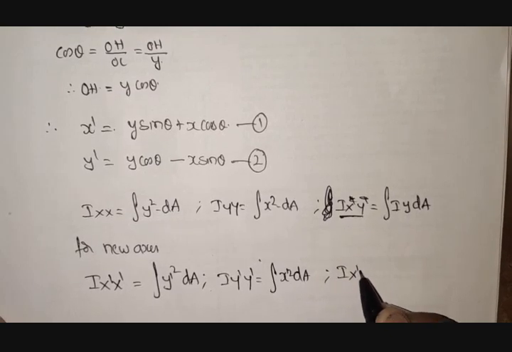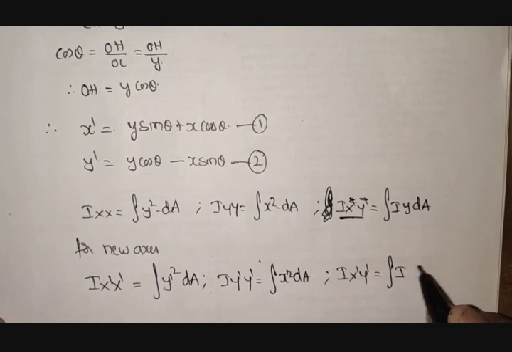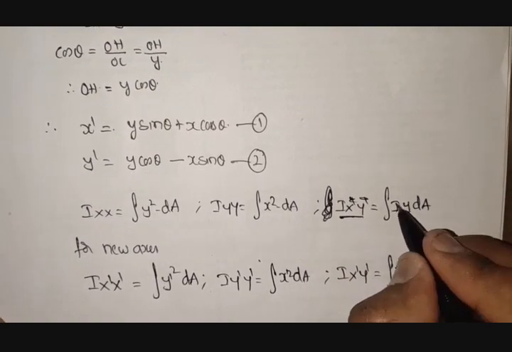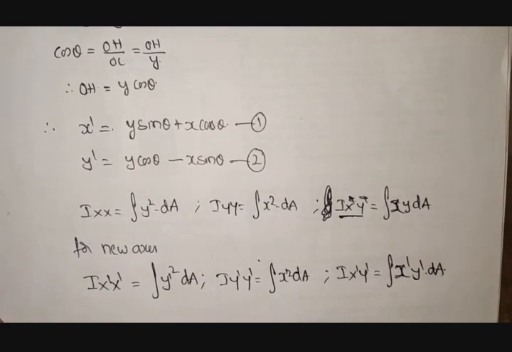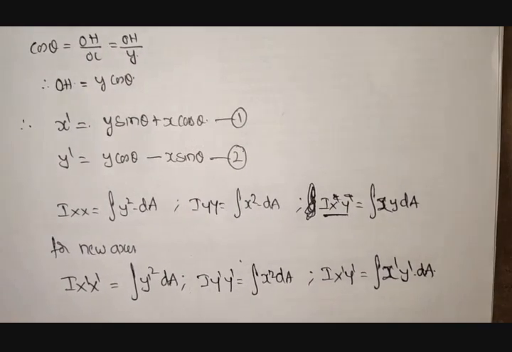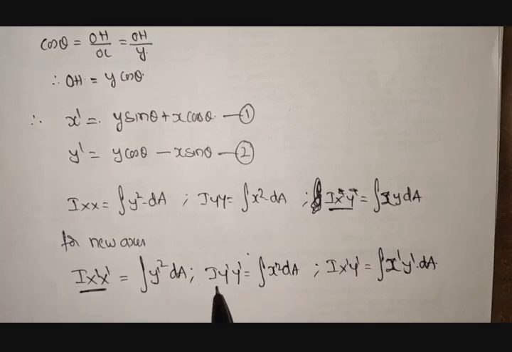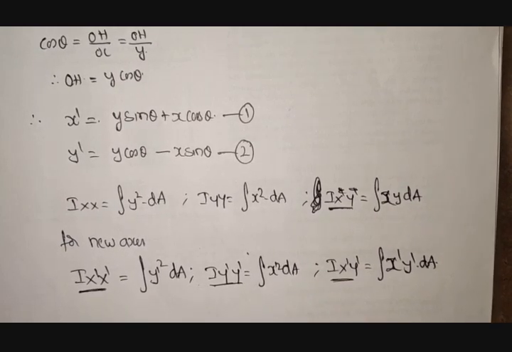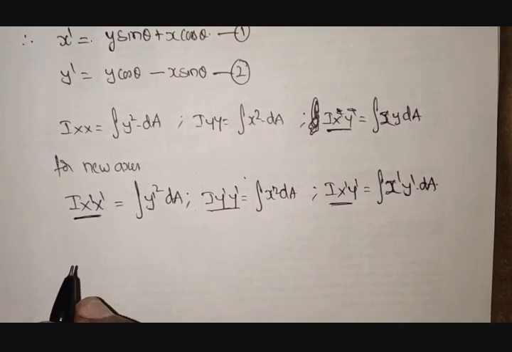Similarly Ix dash y dash is equal to integral x dash y dash into dA. Now let us find the values of the new axis Ix dash, Iy dash and Ix dash y dash. We know that, so let's substitute.